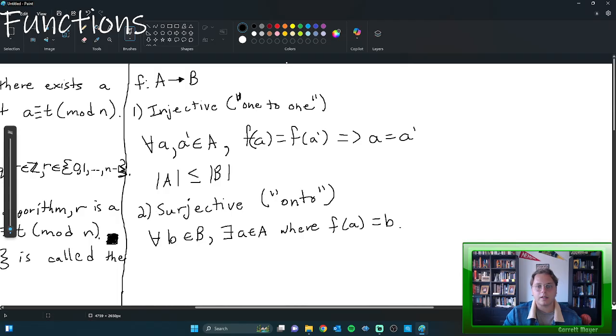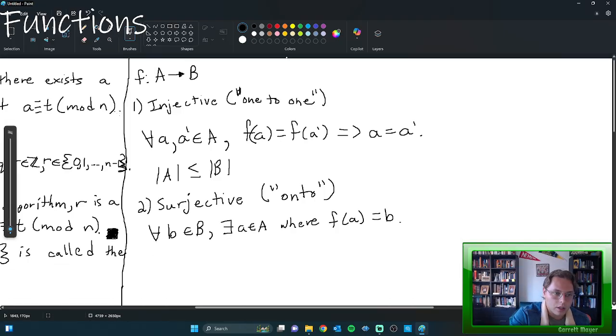This is basically saying every desk gets assigned, but it's possible that two students could share a desk. Every single element of the codomain has some corresponding element of the domain where the function produces it. So the entire codomain is covered by the function.